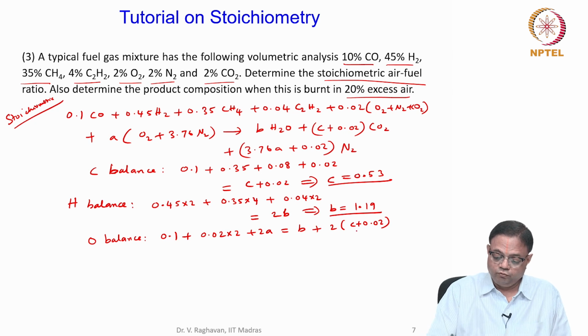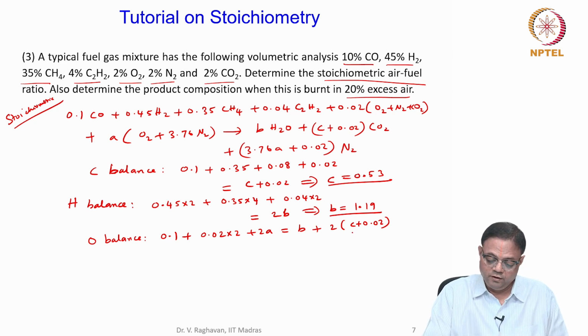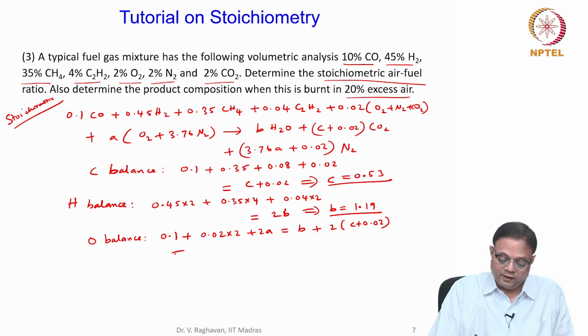So that is the equation. Now C I know 0.53, and B I know 1.19, so I can calculate A. So A will be equal to 1.075.